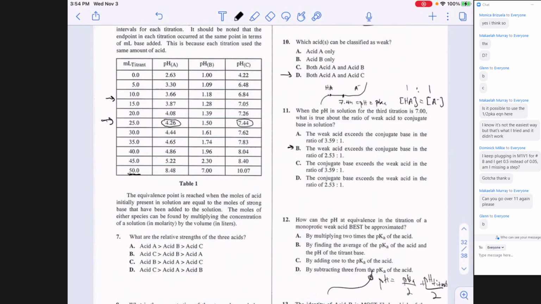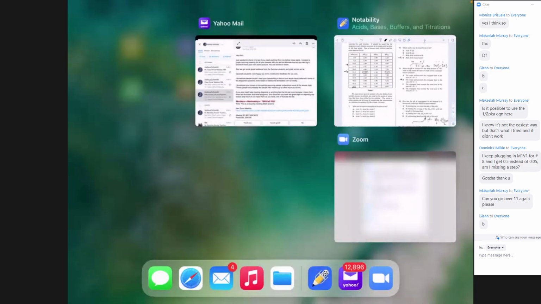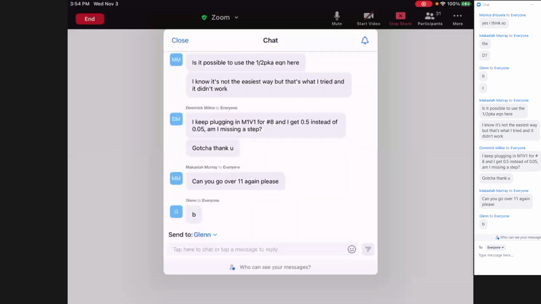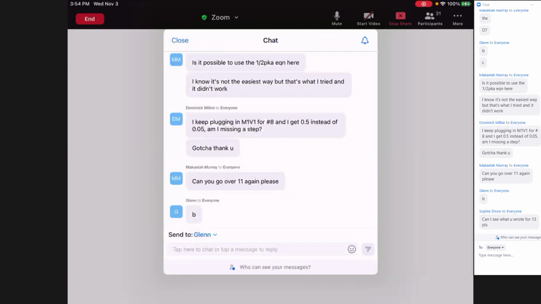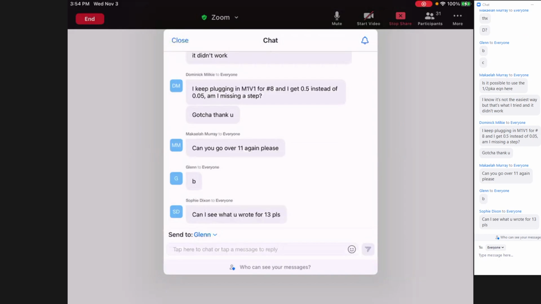So I'm going to choose the answer that has the closest number to 1-to-1, where you have a greater amount of weak acid to conjugate base. Does that make sense how I got it? Sure.